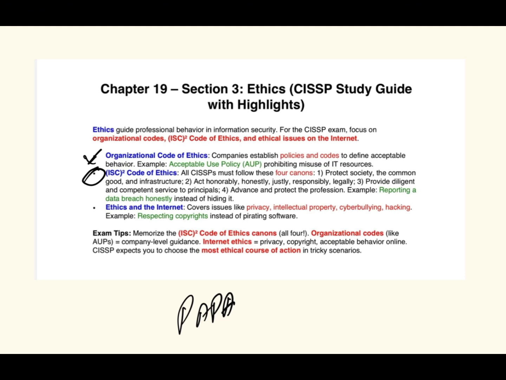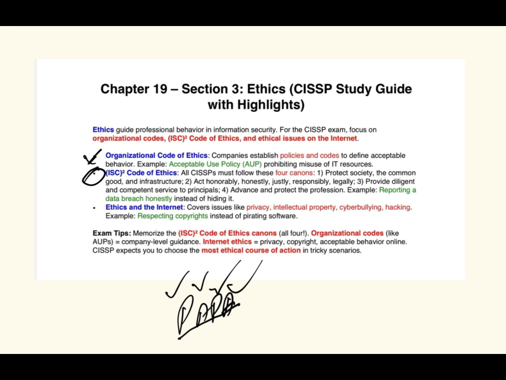How can we remember all this? For memorization, we can use acronyms. For instance, PAPA is: P protect society, A act honorably, P provide diligent, and A advance and protect the profession.